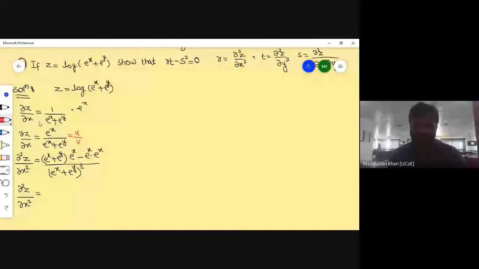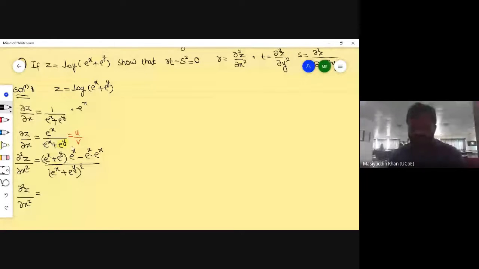So hope you understood. V as it is, into the derivative of u with respect to x, so e raised to x directly, minus u as it is and the derivative of this part with respect to x. So this part will become 0 and this part will be treated as e raised to x. So e raised to x as e raised to x. This part is treated as a 0. So please remember we are doing this with respect to x, so the y part becomes 0 for us. So at the end we have to simplify this part.